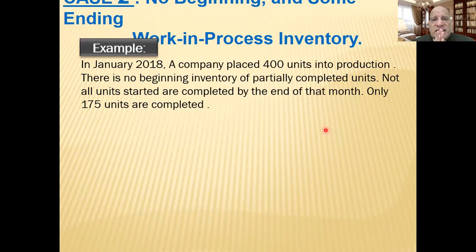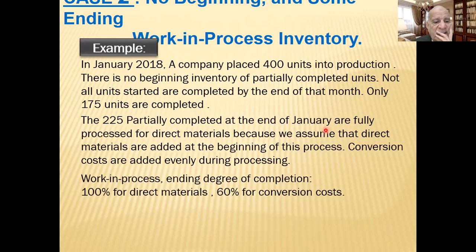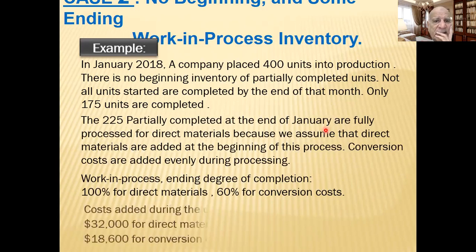Costs added during the current period are $32,000 for direct material and $18,600 for conversion costs.